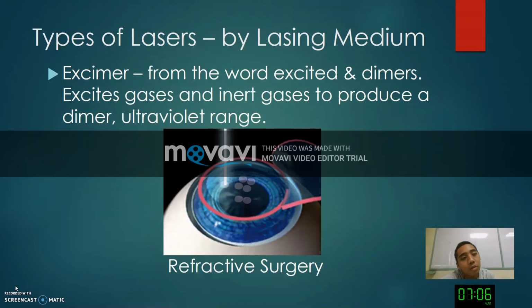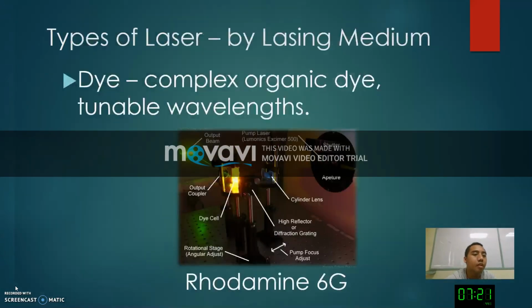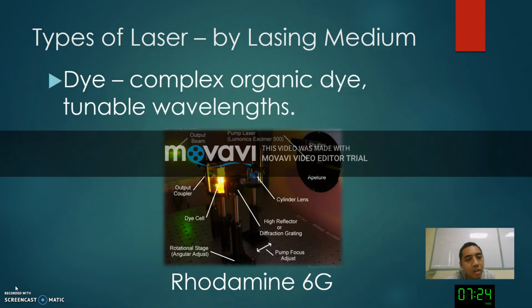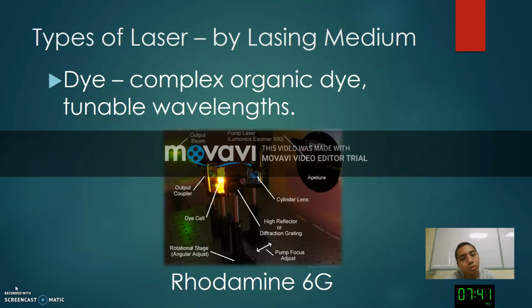This type of laser is commonly used in the medical field as a refractive surgery medium or a treatment for skin disease. The next type of laser is the dye laser. The dye laser makes use of a complex organic dye which can be tuned to alter its wavelengths. An example of which is the rhodamine 6G setup below at the Massachusetts Institute.